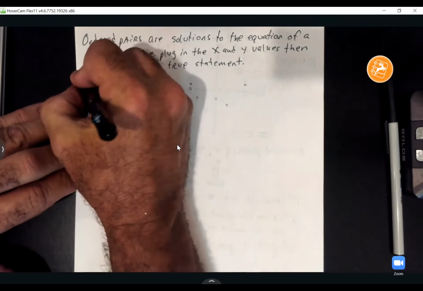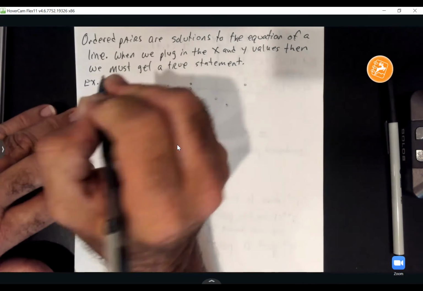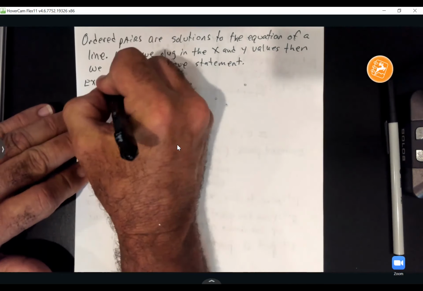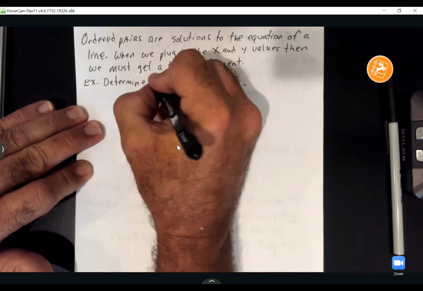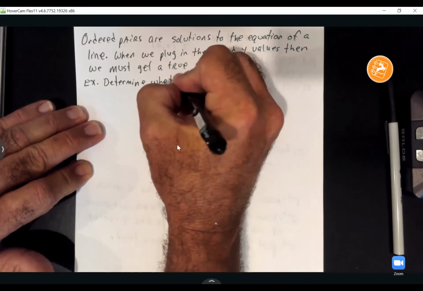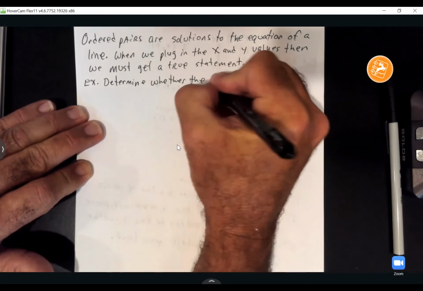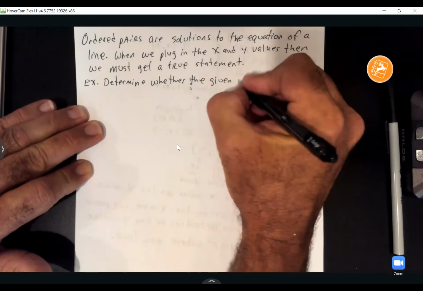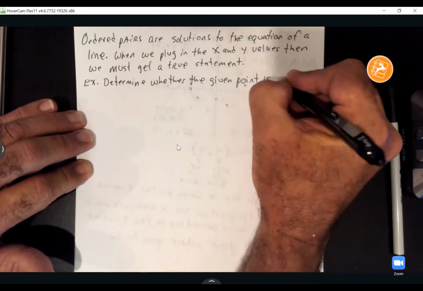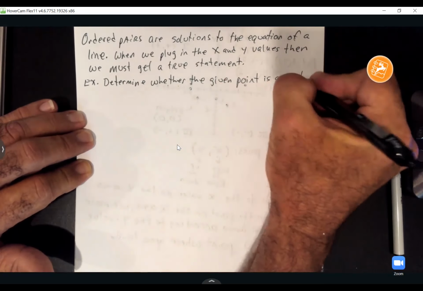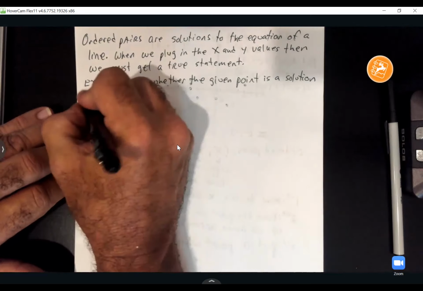So on these questions, they want to determine whether the given point is a solution of the equation.